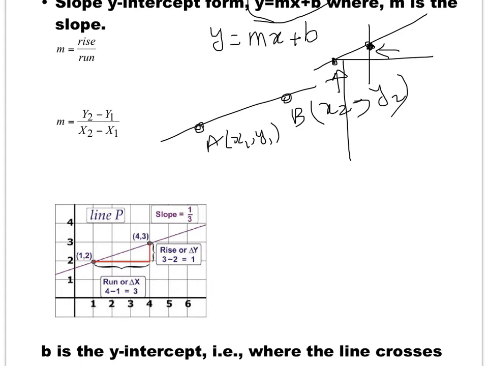Then I can use the formula y2 minus y1 over x2 minus x1 to find the slope of this line. Y2 minus y1, which is the rise, is 3 minus 2, which is 1. And the run, which is along the x-axis, is 4 minus 1, which is 3. So the slope of this line is rise over run, which is 1 over 3.